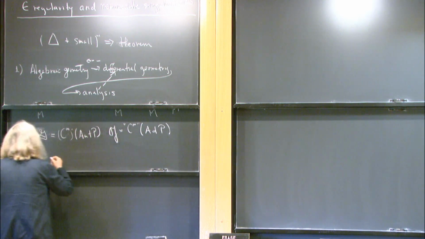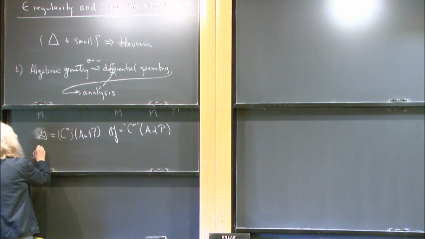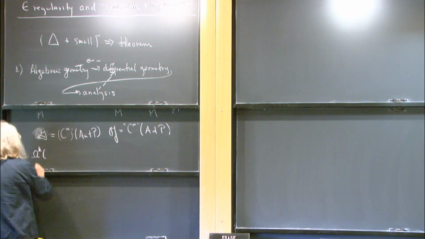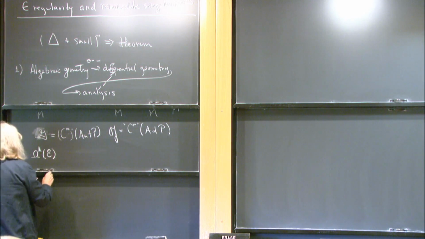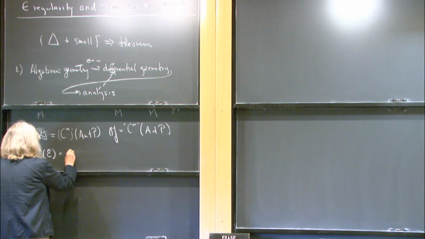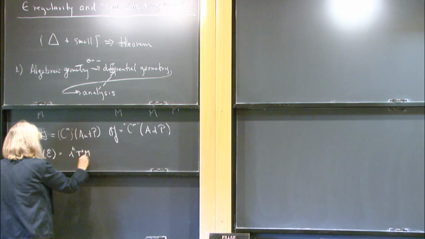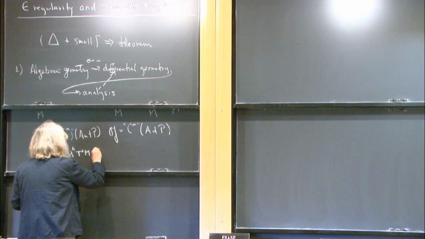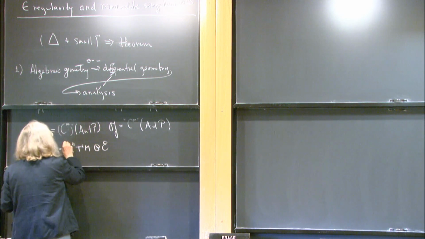Okay, and now we actually need, and here I'm only going to use one indices, the forms with values in a bundle E, which is equal to wedge K, the exterior product with E, which is a bundle, C infinity again.